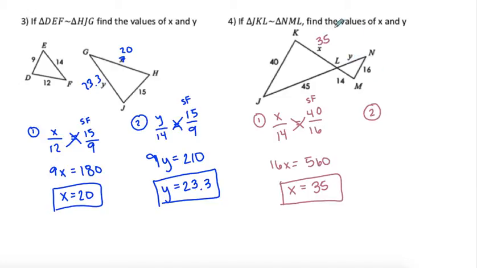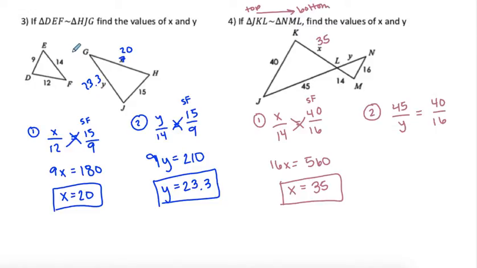On this one, again, I want to keep going from here to here. So if I want to use my scale factor that takes JKL to NML and keeps the 40 on top, I need to put the 45 on top of the y because I'm going this direction. This is going to be the top, this is going to be the bottom.